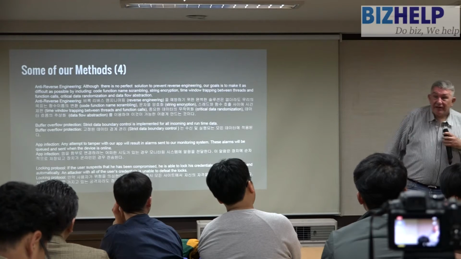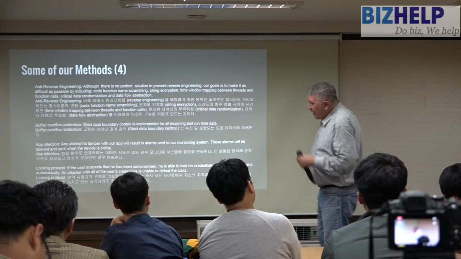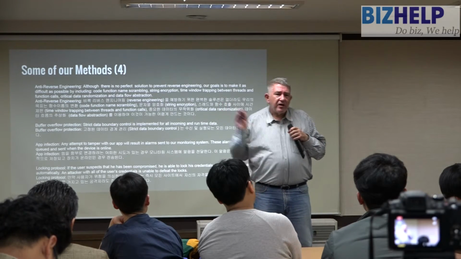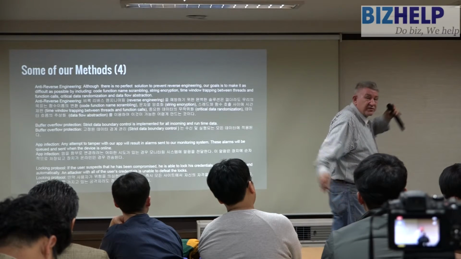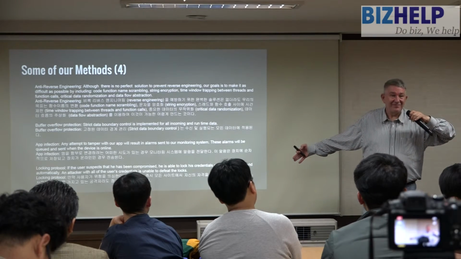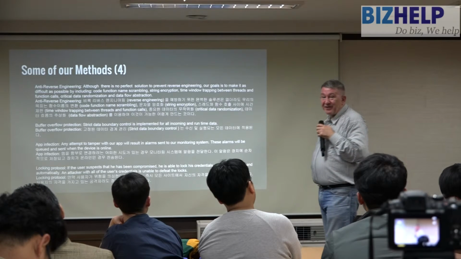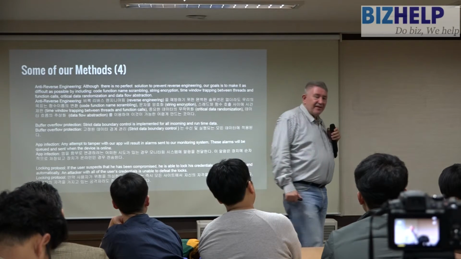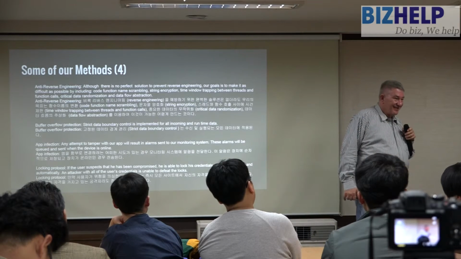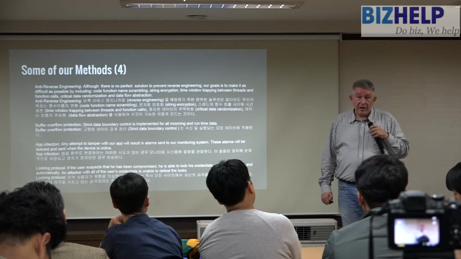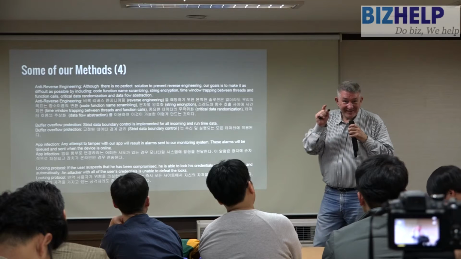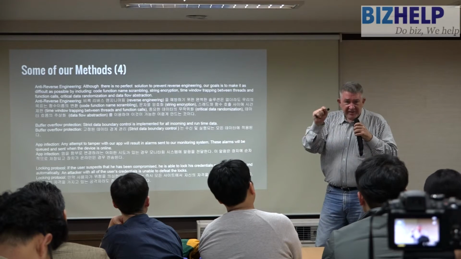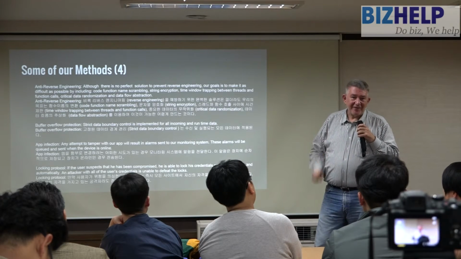This is another thing we do. Every error code in our source is different. We never reuse a single error code. Right now in my code base, I have 7,000 error codes, because I check every operation, and every time I make a new error code number.